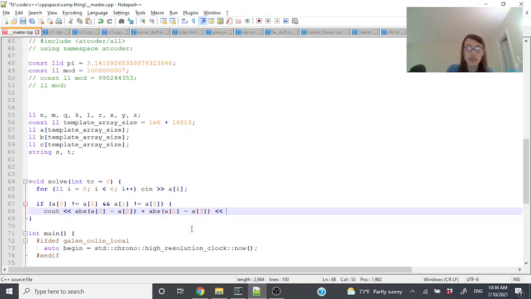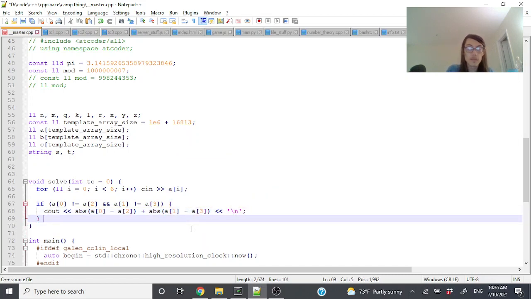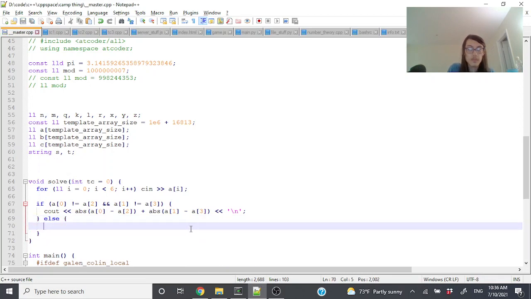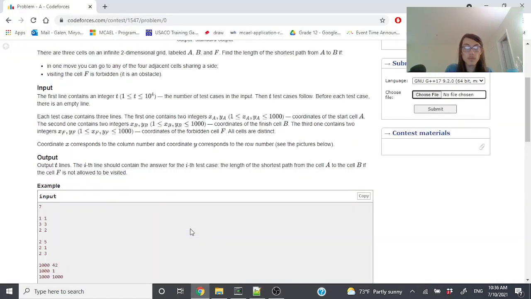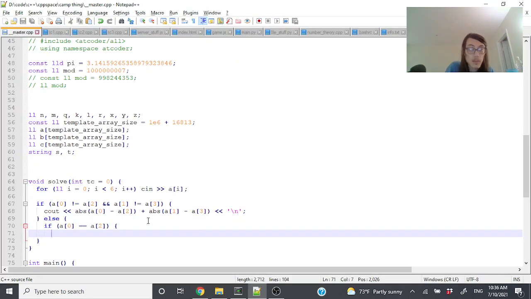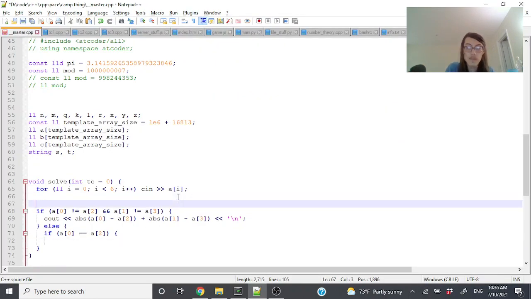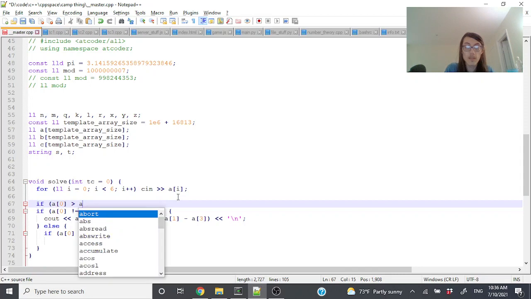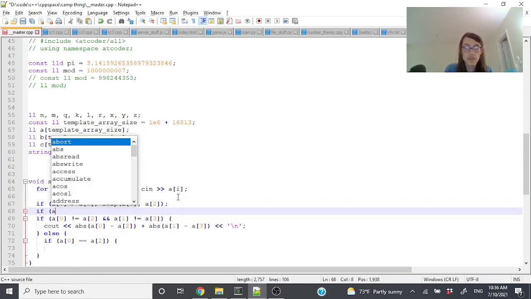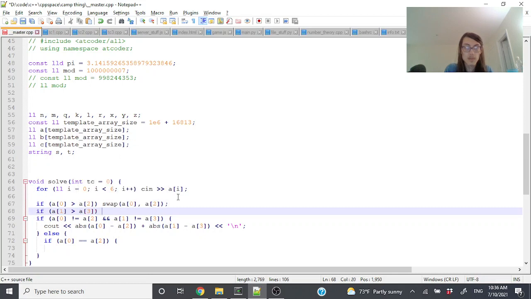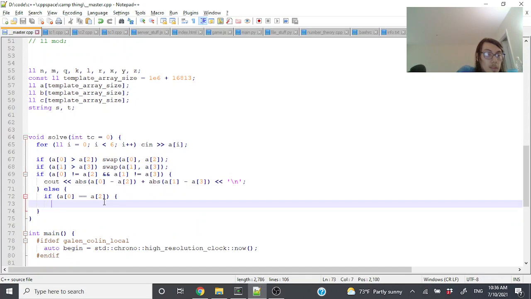So in the case where we don't have to go around, that's fine. So if a0 is less, so assume one coordinate is less than the other.